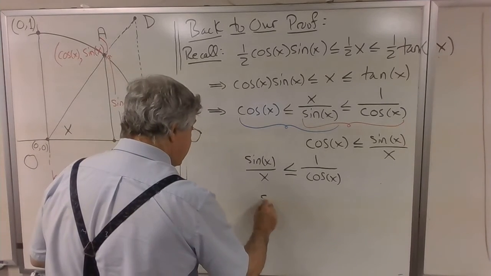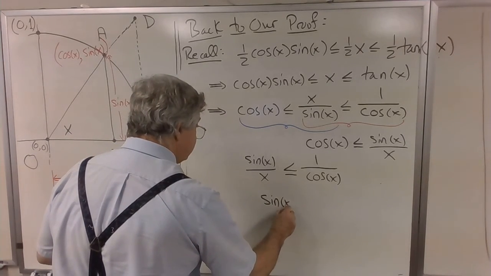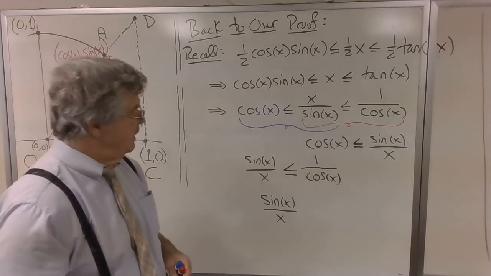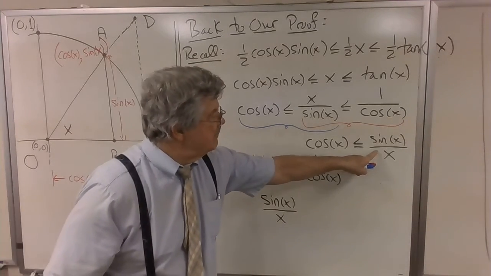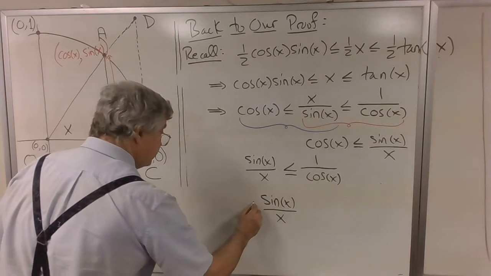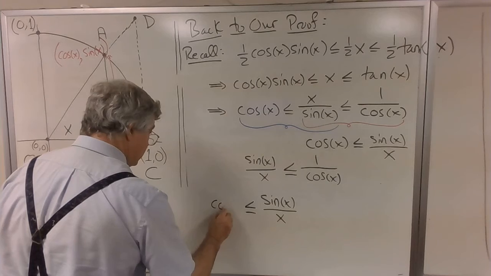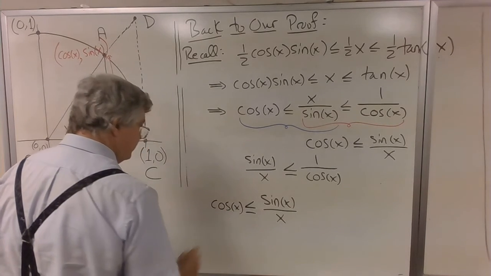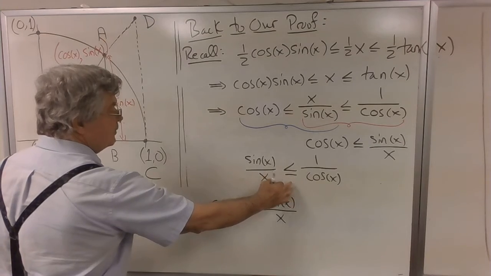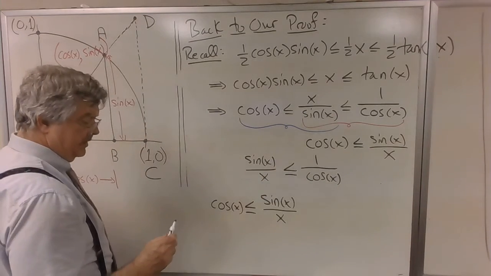So here's what I get. I get sine of x over x, and sine of x over x is greater than or equal to cosine of x. And it's also less than or equal to 1 over cosine of x.